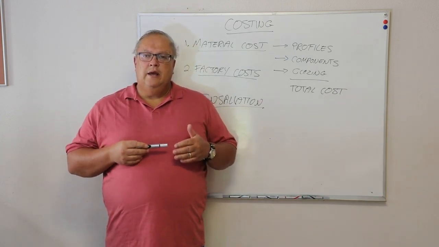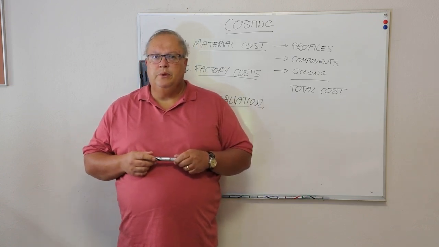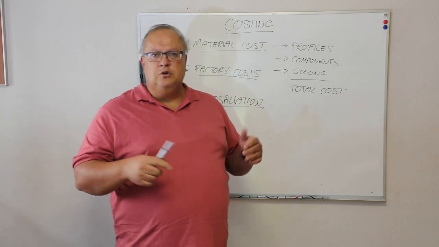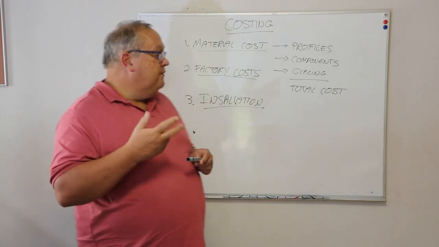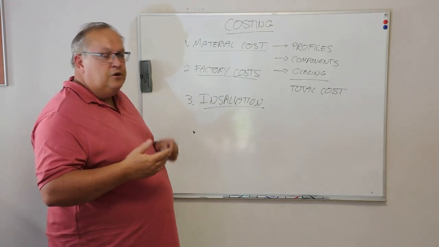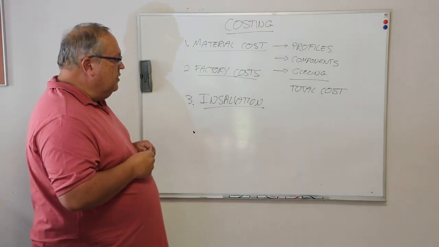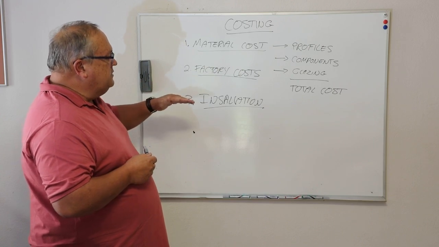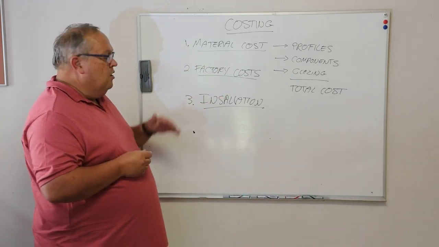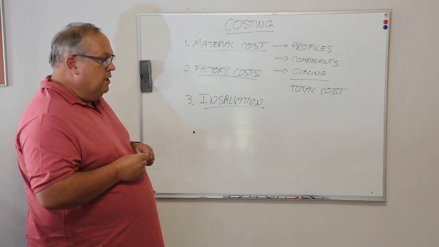So when we allocate 2 hours to install a particular window, we're talking about 2 hours for that team to install the window. You may have 2 people per team, you may have 3 people per team. You can configure that however you want. But you need to allocate an amount of time that it's going to take for that window to be installed.